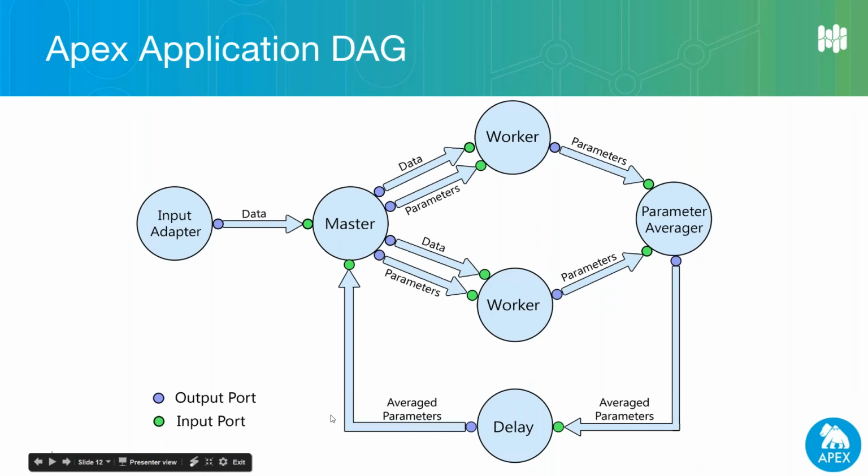For such purposes, we have this operator called the delay operator, which helps us introduce a loop in your application. So the averaged parameters are sent back to the master. The master will update the worker nodes with this newly updated model, and the training will keep happening. One more thing: at the master, each time you get a model, you can check its accuracy, and if it is satisfactory, you can write it to a file or somewhere so that you can consume it for scoring at any time.